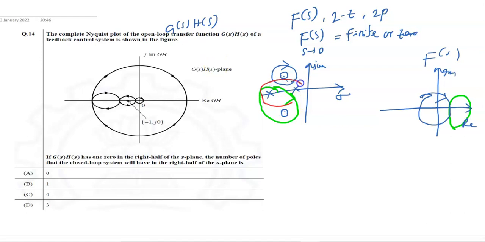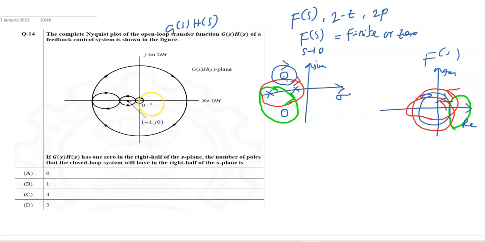Let's say you include 2 poles in clockwise encirclement. According to the encirclement property, you will encircle the origin of the F(s) plane in counterclockwise direction two times. That means you will encircle the origin of the F(s) plane in counterclockwise direction twice.